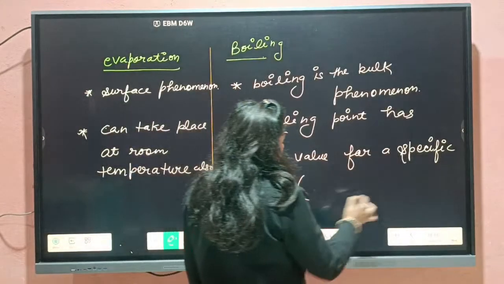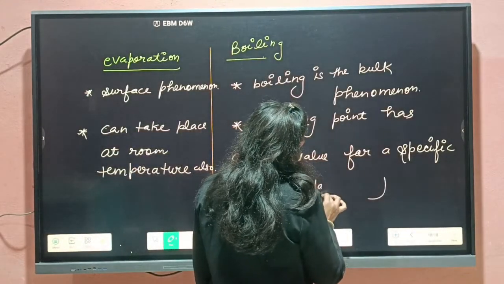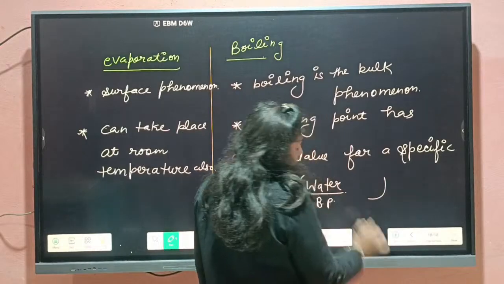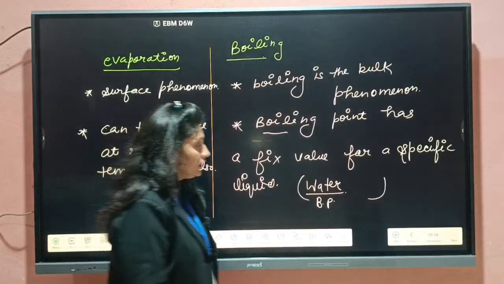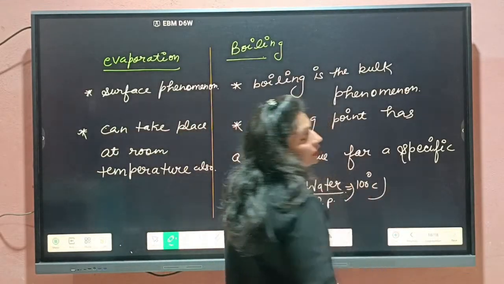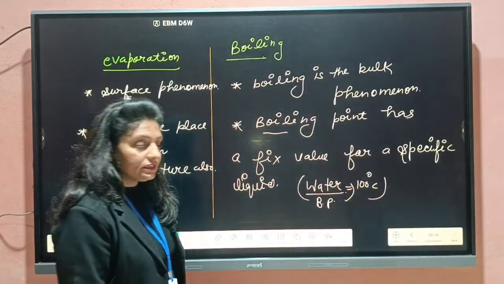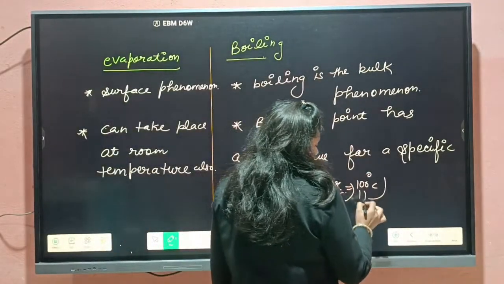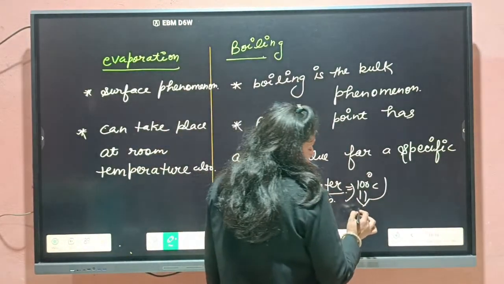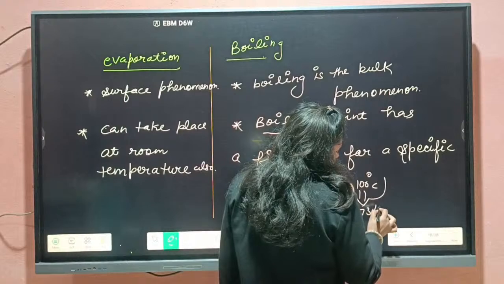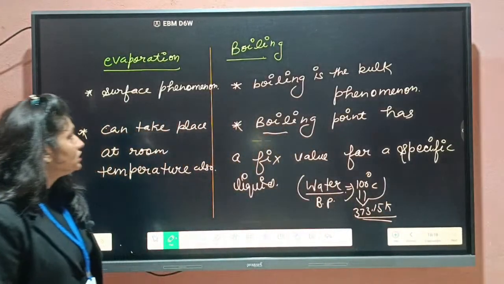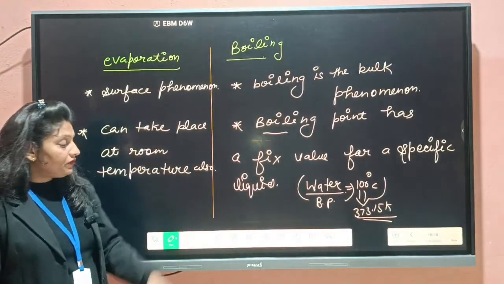For example, water. What is the boiling point of water, students? I hope you all know it is 100 degrees Celsius. And what will it be in Kelvin? So it will be 373.15 Kelvin.